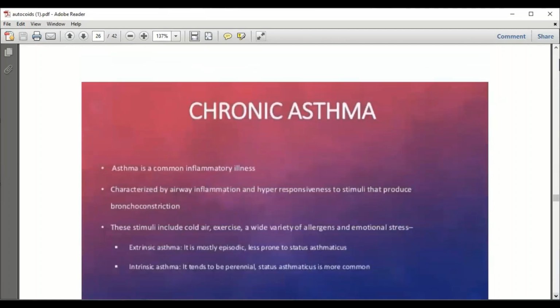So in chronic asthma, which you know is hypersensitivity of the respiratory system to any stimuli, resulting in airway inflammation, which is characterized by infiltration of cells of inflammation, the production of excessive mucus plug and narrowing of the airways.